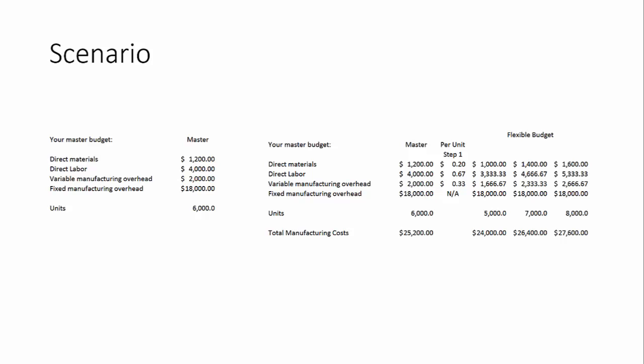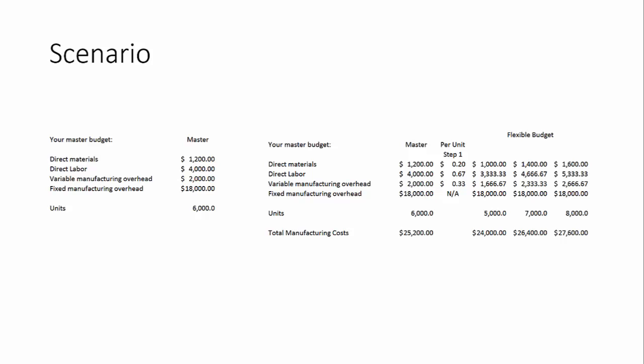And as you can see, for all of our different production scenarios, 18,000 is a given total number. So fixed manufacturing overhead will be the same $18,000 for every production level that we want to consider as far as our flexible budget is concerned. So when we build a flexible budget for 5,000 units, we'll take that 20 cents that we just calculated, multiply it times the 5,000 units, and we get $1,000.